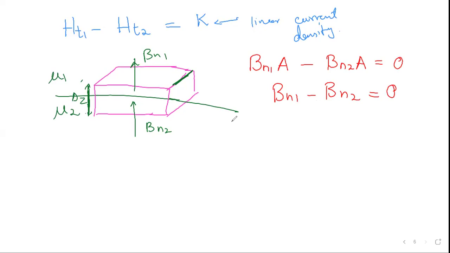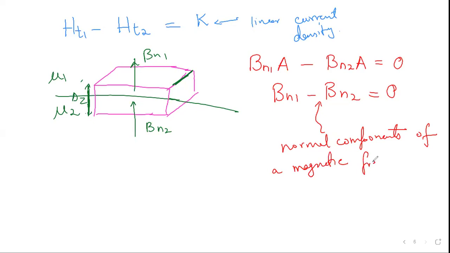So what you will find is that the normal components of a magnetic field at the interface are continuous.